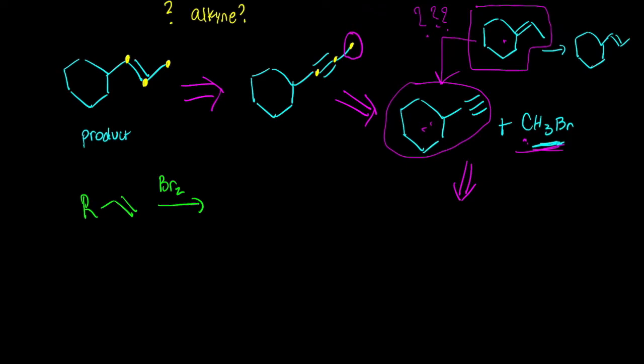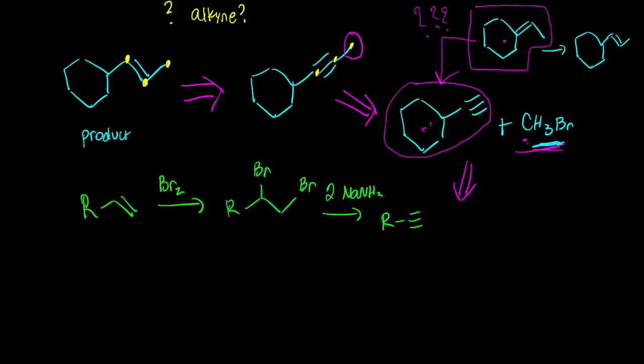So if you treat this with bromine, this will change the molecule to your vicinal dibromide. And then if you treat this with 2 equivalents of sodium amide, you'll get your alkyne.